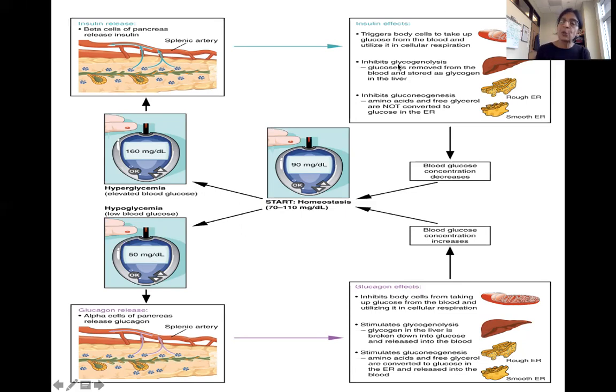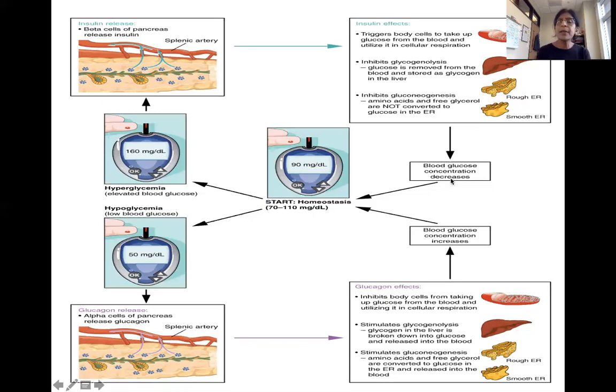It inhibits glycogenolysis, and glycogenolysis is the breakdown of glycogen, and that is prevented. It also inhibits gluconeogenesis. Again, gluconeogenesis is the production of glucose from non-carbohydrate sources, and you do not have to do that because you're trying to move glucose into cells but not to release it back.